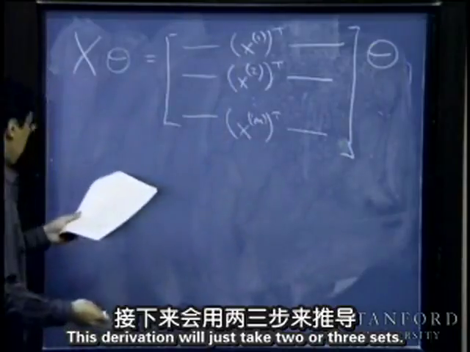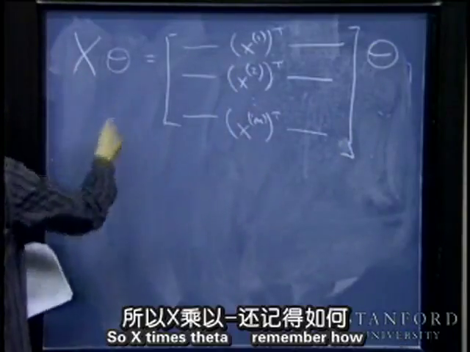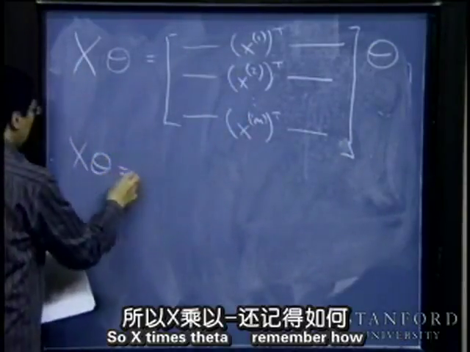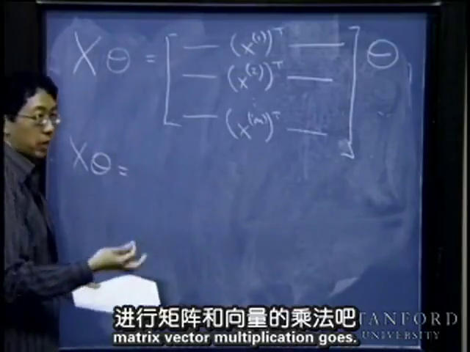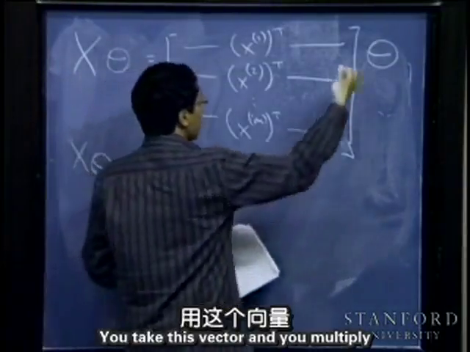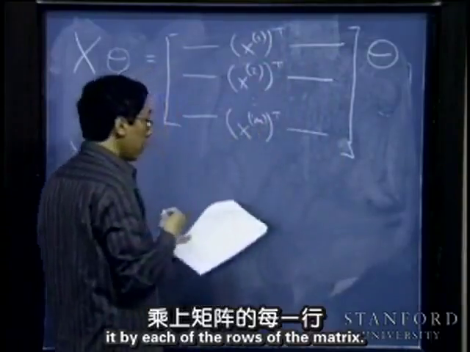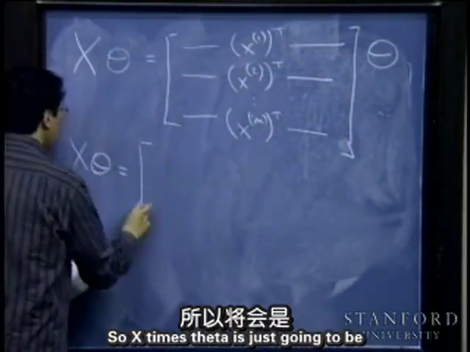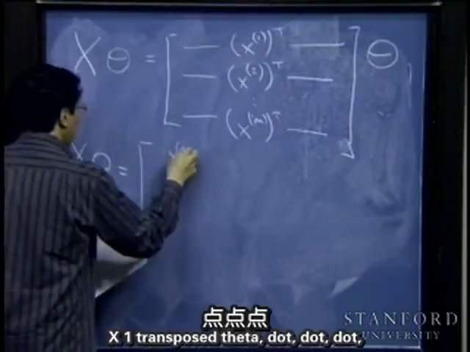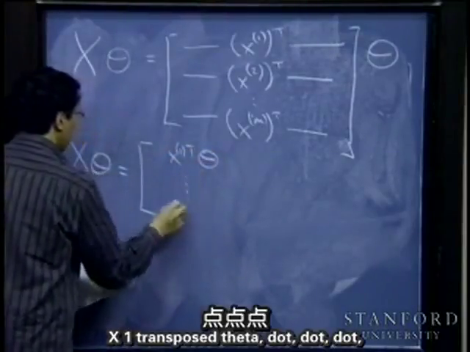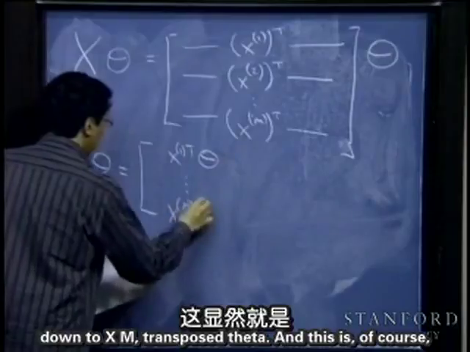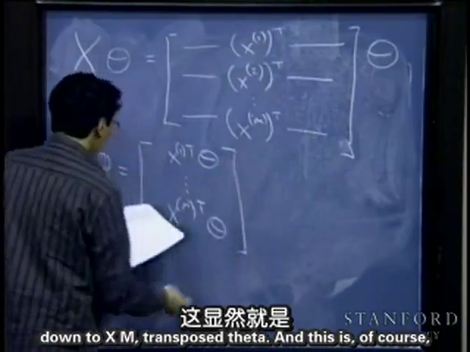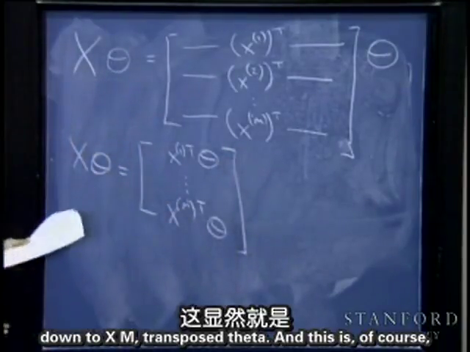This derivation will just take 2 or 3 steps. So X times theta. Remember how matrix vector multiplication goes, right? You take this vector and you multiply by each of the rows of the matrix. So X times theta is going to be just X1 transpose theta dot dot dot down to Xm transpose theta.